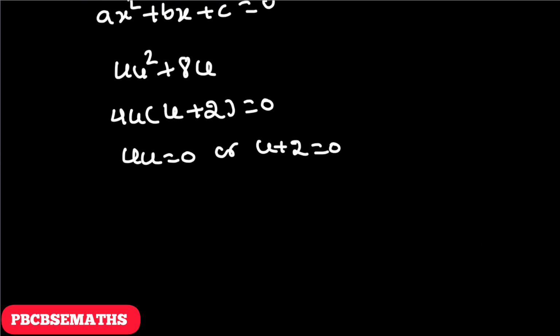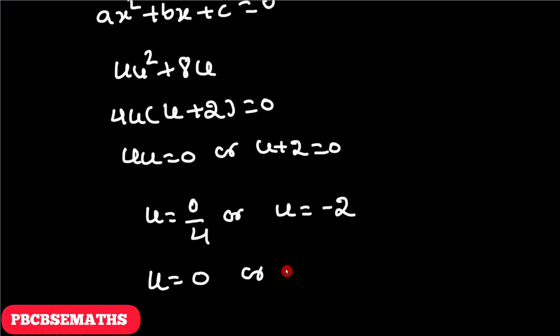Further, we can write u equals 0 by 4 or u equals minus 2. So u equals 0 or u equals minus 2. So these are the two zeros of this given quadratic polynomial.